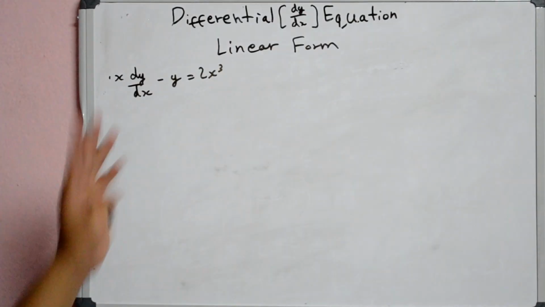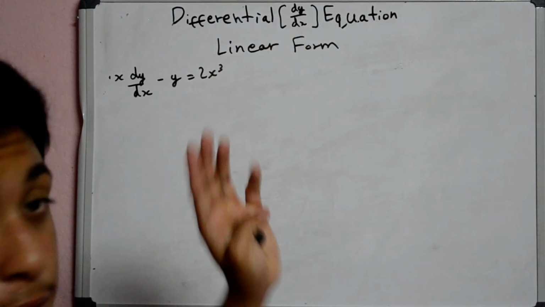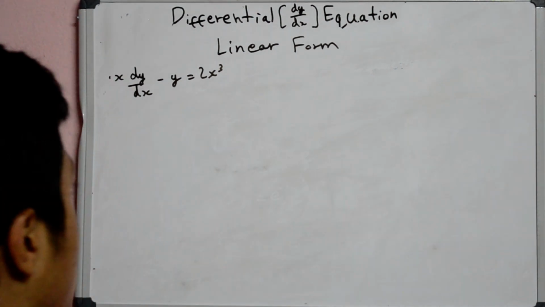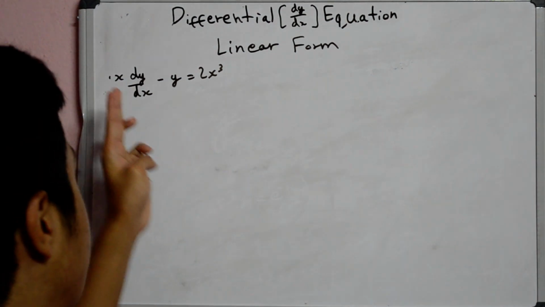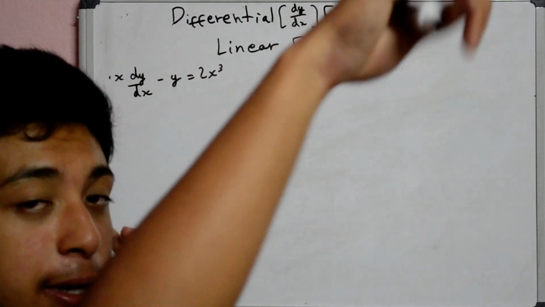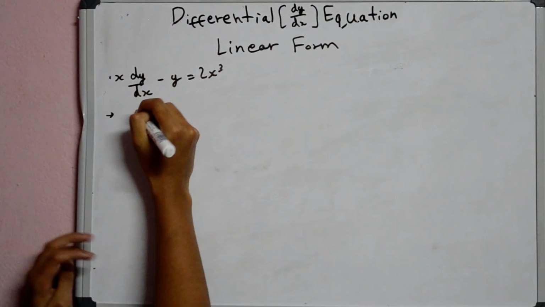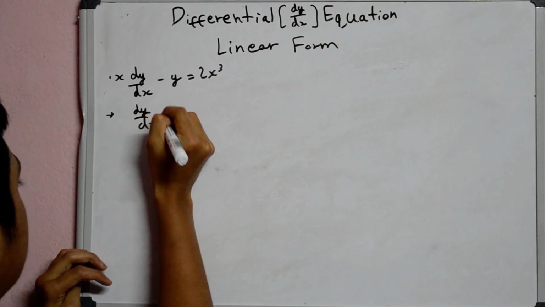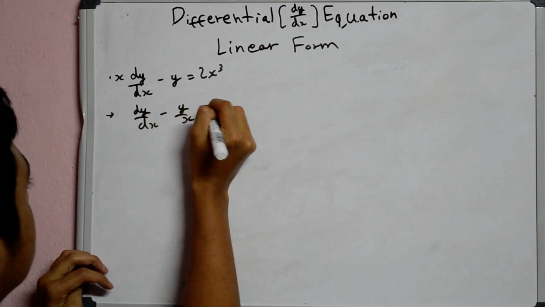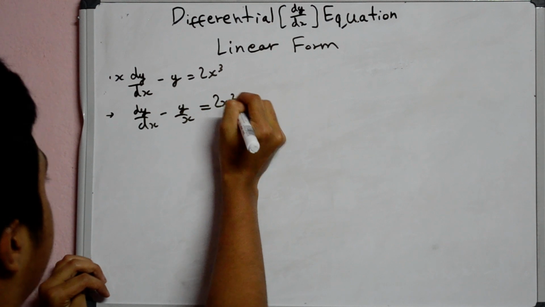Here this is also in the linear form, but well, we have to get rid of the x first because we need dy by dx only. So we'll divide everything by x. So we have dy by dx minus y by x equals 2x squared.